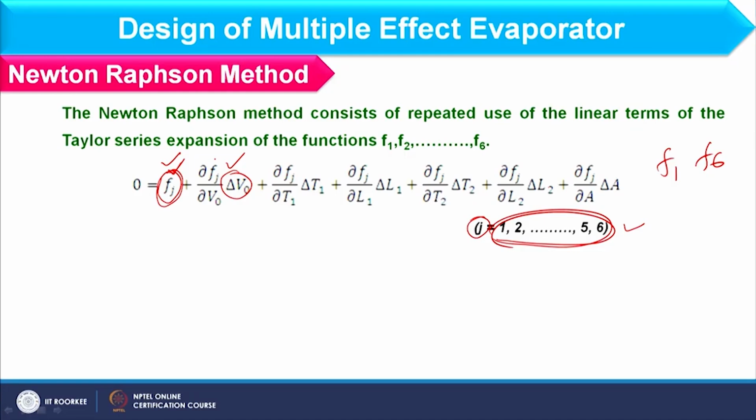Okay. So, if I am having function like Fj, the first derivative of it I have considered as del Fj by del V naught into delta V naught, fine. Second will be with respect to second unknown, so that term will be del Fj by del T1 into delta T1.